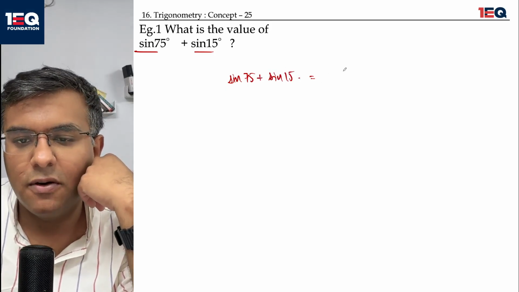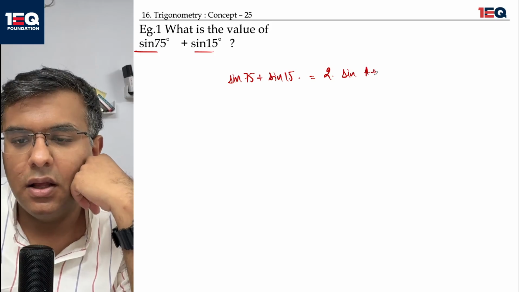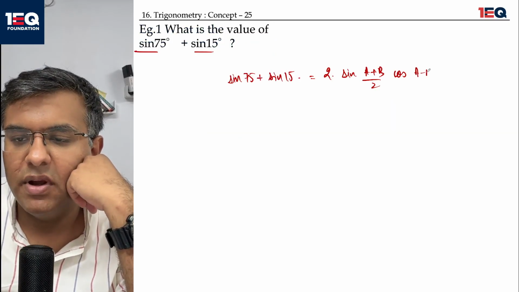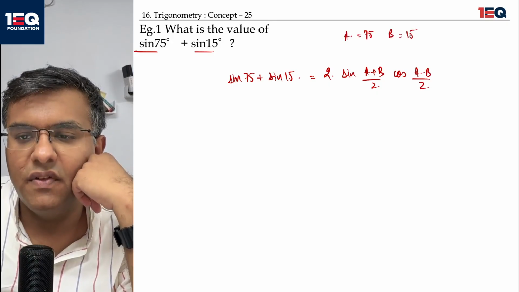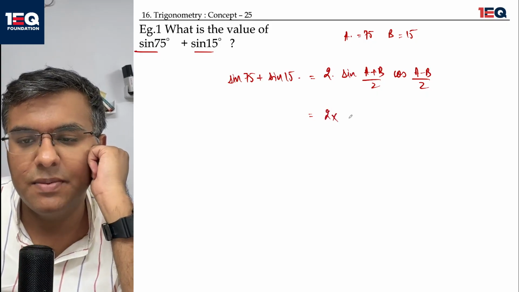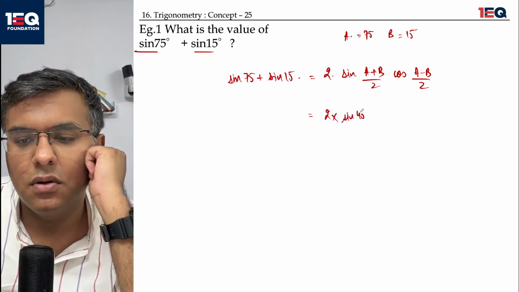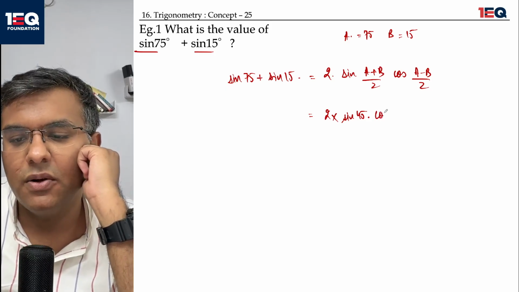I'll use the half angle formula. I would say 2 sin (A plus B) by 2 cos (A minus B) by 2, considering that A is equal to 75 and B is equal to 15. So this would be 2 multiplied by sin of (A plus B), which is 90, 90 by 2 is 45, multiplied by cos of (A minus B), which is 60, 60 by 2 is 30.